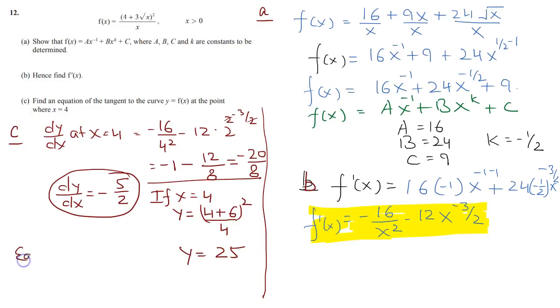So the equation of the tangent is y minus y1 is equal to dy over dx times x minus x1.